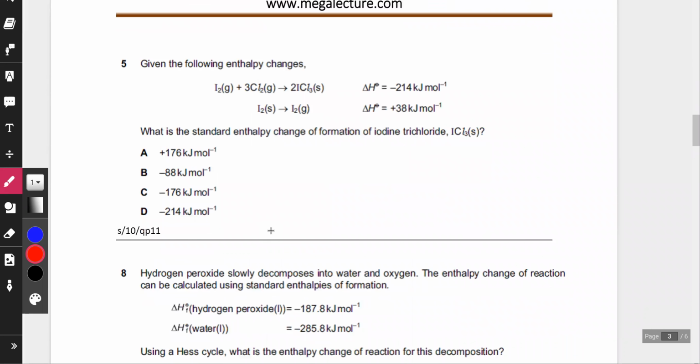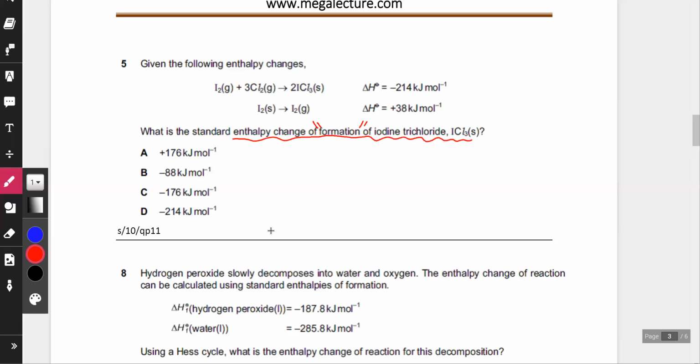Try doing this question. As the first thing, he's asking you to find the enthalpy change of formation of iodine trichloride, ICl3 solid. What is the reaction he is talking about over here? So it's the first one, right? What is enthalpy change of formation?